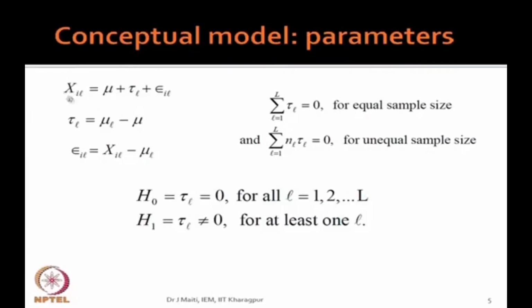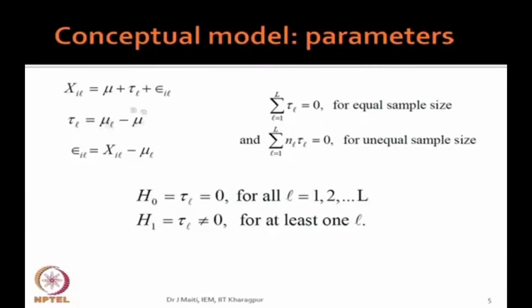X_il is the ith observation on the lth population collected, mu is the grand mean, tau_l is the population effect, and epsilon_il is the error term, which is not captured either through the grand mean or tau_l, or combining them, it is not captured basically. And what is tau_l? Tau_l is the population effect. So the lth population effect is tau_l, which is also known as the treatment effect.